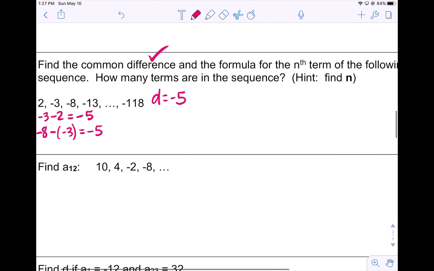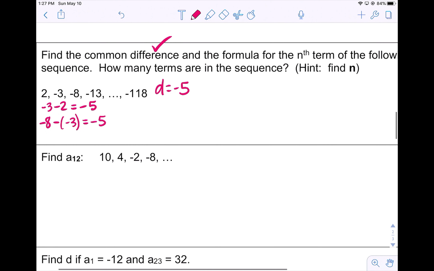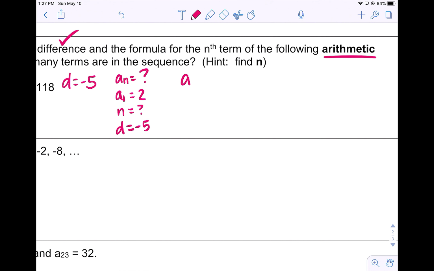I've done that part. Find the formula. So a_n, we don't know yet. a_1, the first term is 2. We don't know n, and my common difference is -5. So my formula is going to be a_n equals 2 plus (n minus 1) times -5.